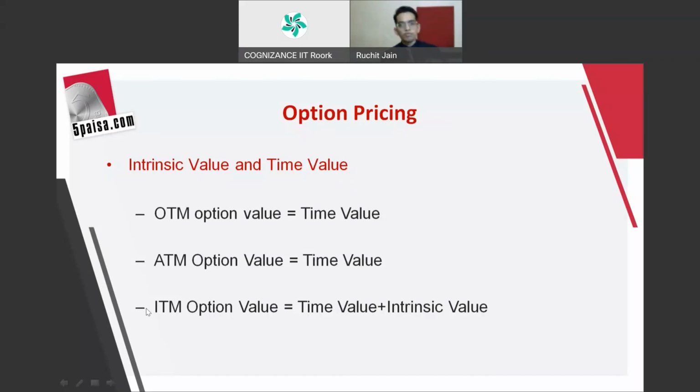So how much intrinsic value is there in that? 17,000 minus 16,800, so 200 rupees intrinsic value will be left in that. This is how you calculate intrinsic value. But all time value will become 0 on the expiry day, and all out of the money options' value will become 0 on the expiry day. Okay, I hope this is clear.